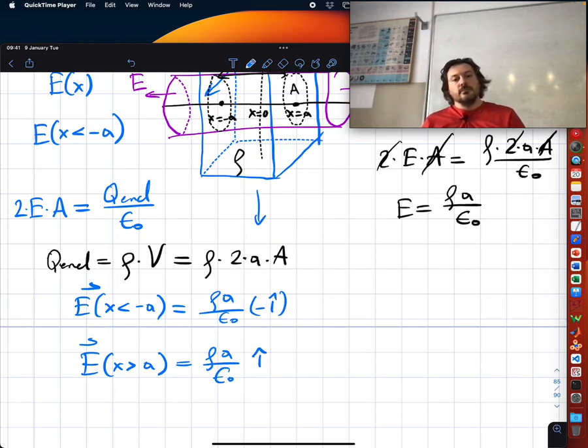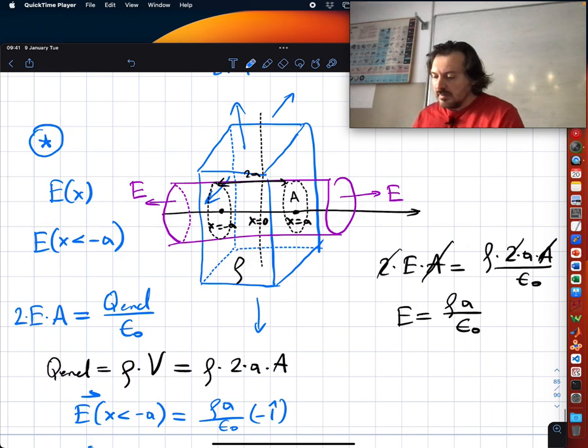Tell me. Why did we do what? So, what we have found here applies only outside because we plotted this surface in such a way that it goes out of this object. We didn't cover all of the bar.